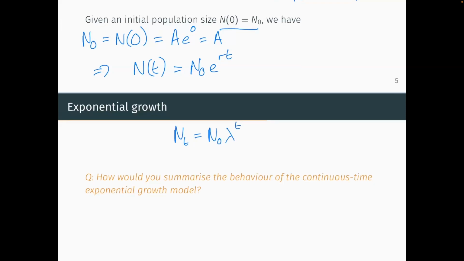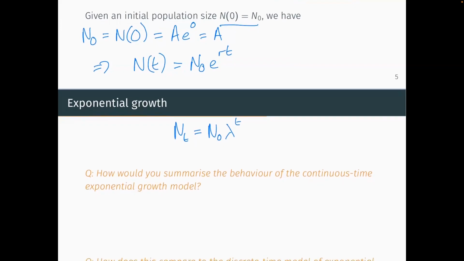Okay, so we thought about values of lambda that tell us whether the population is going to grow or decay. So how would you summarize the behavior of the model above, this one here that I'll circle in red, depending on the parameter r? So when does this grow and when does it decay?